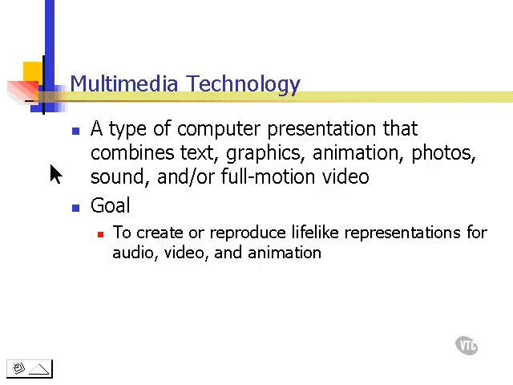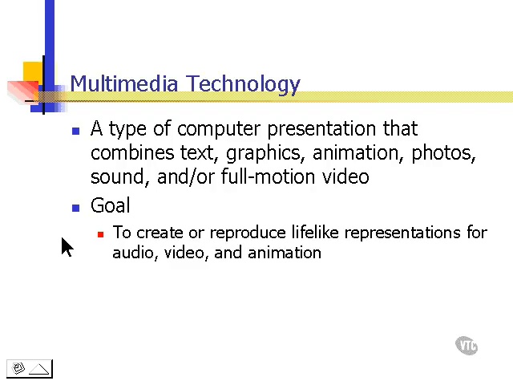Multimedia is a type of computer representation that combines text, graphics, animation, photos, sound, and/or full motion video. The goal is to create or reproduce lifelike representations for audio, video, and for animation.